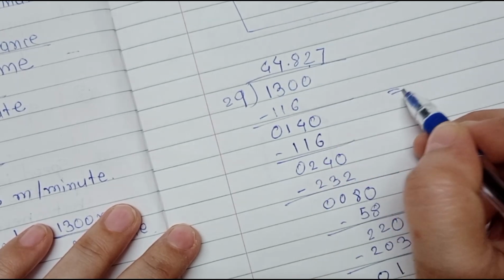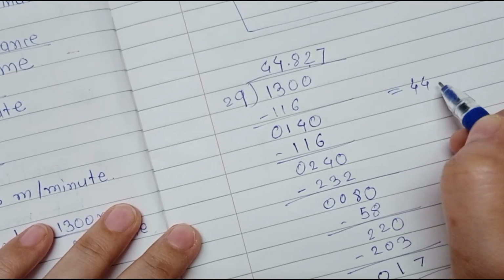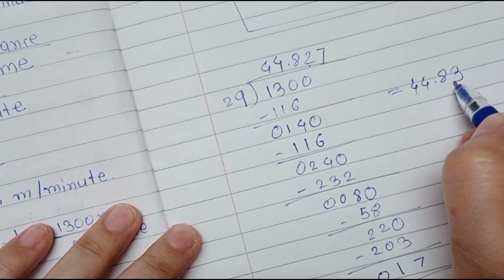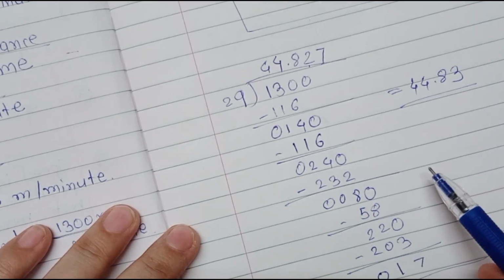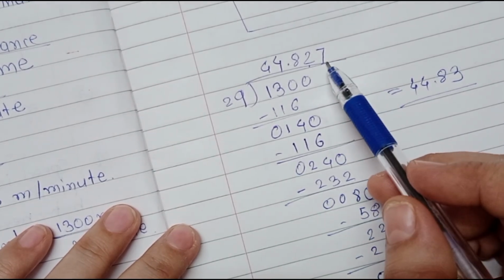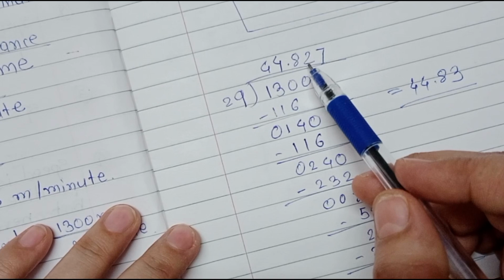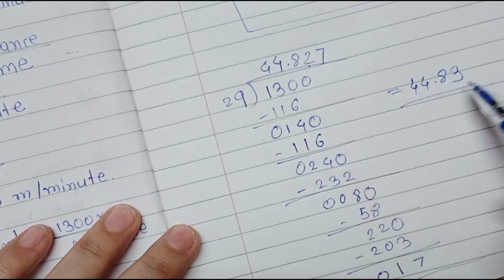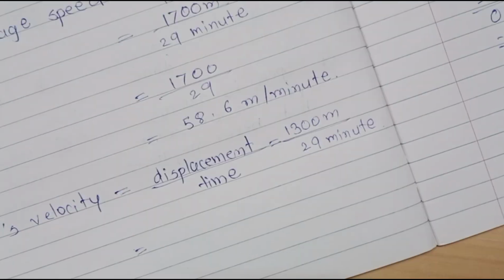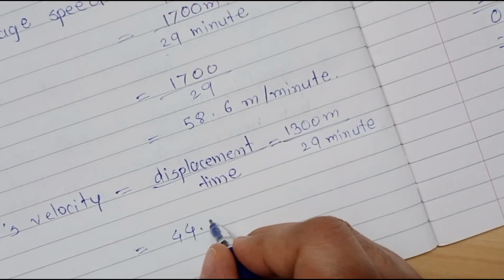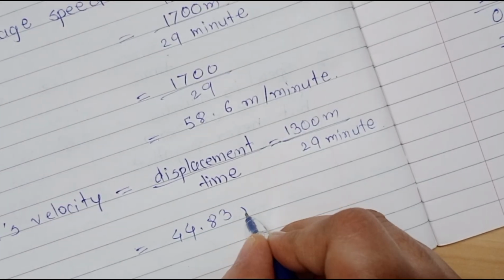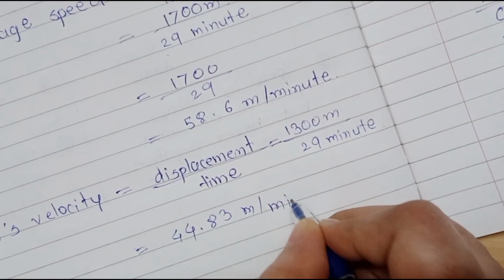So our answer is 44.83. Do you understand, students? Because of this big number, we can add here 1, and we got this answer. So our answer is 44.83 meter per minute.